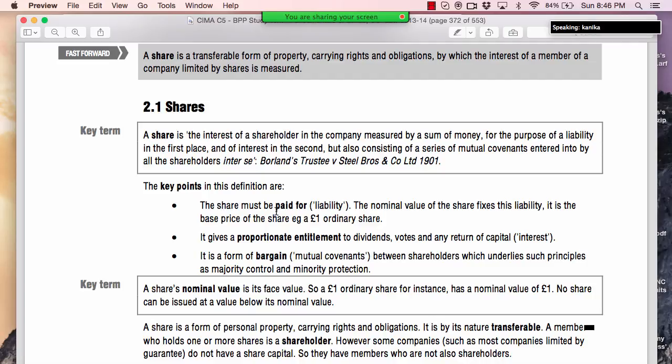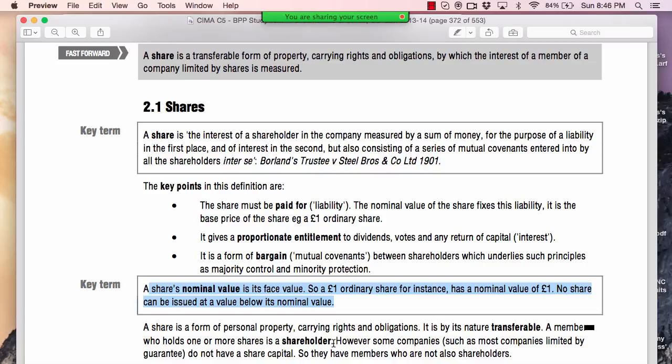Now, a very important term in the next one, the key term is this: your nominal value, let's say it's $5, that means it's the face value of this particular share. However, you cannot issue it below the nominal value, but you can issue shares below the market price. Let's say your market price for this share is $50.